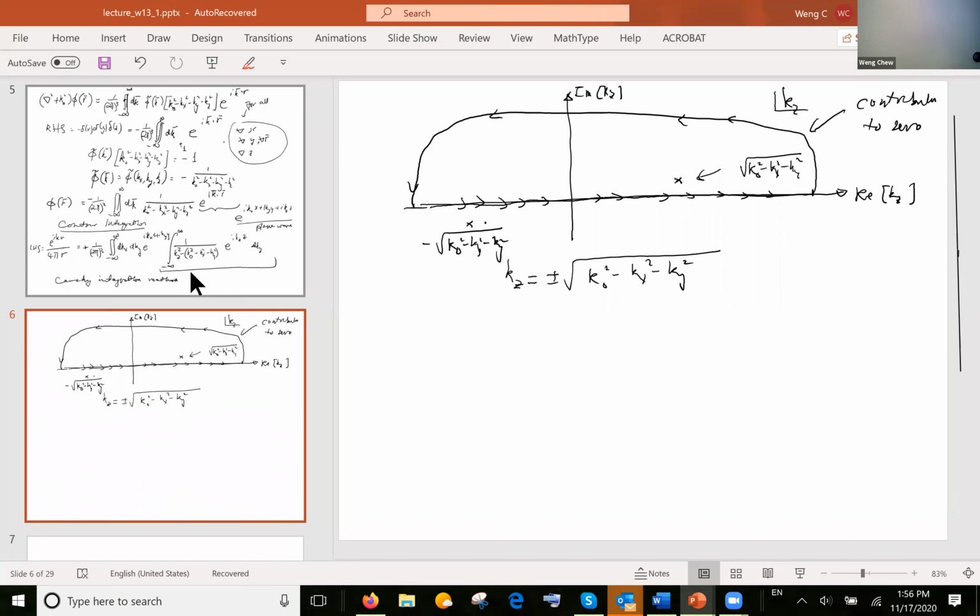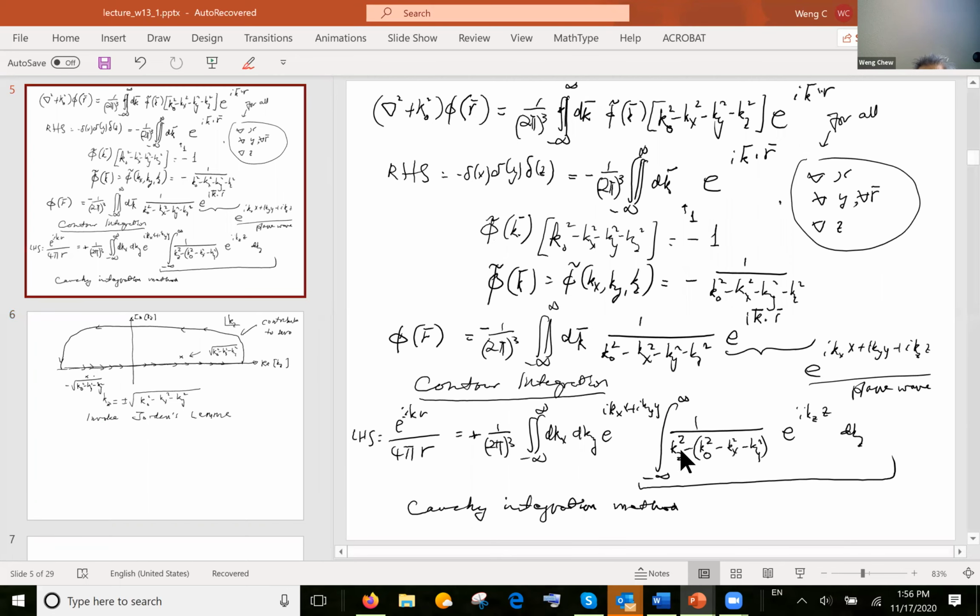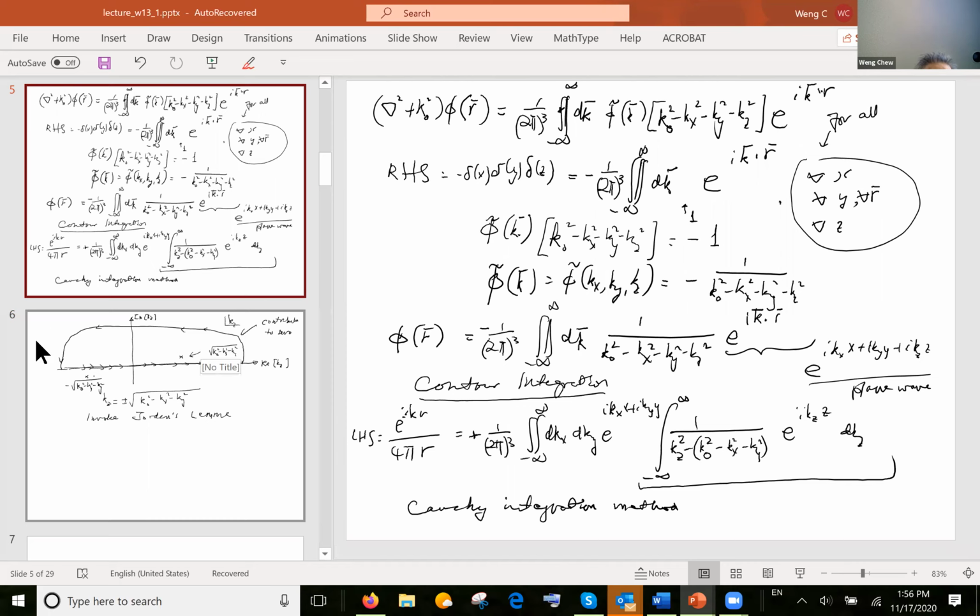You can show that that contribution is 0 by Jordan's lemma. Invoke Jordan's lemma. If you go through some detailed arguments, you can show that this integration is in fact very, very small, because of the integrand, as kz becomes very, very large.